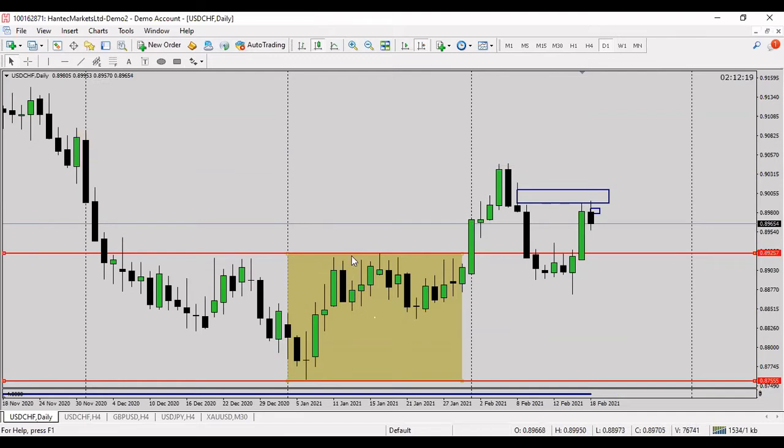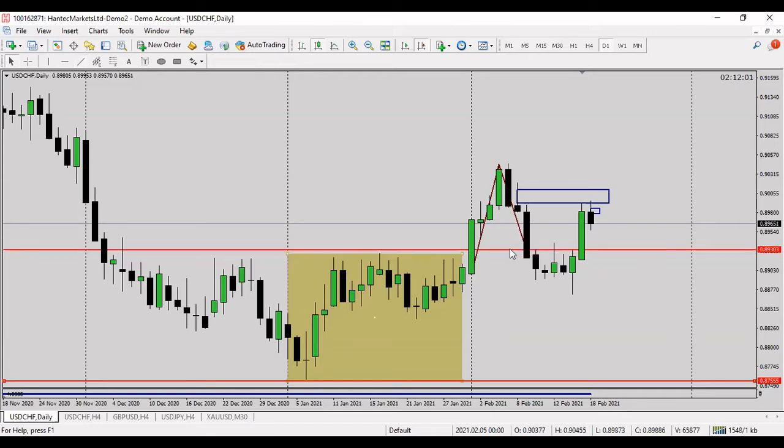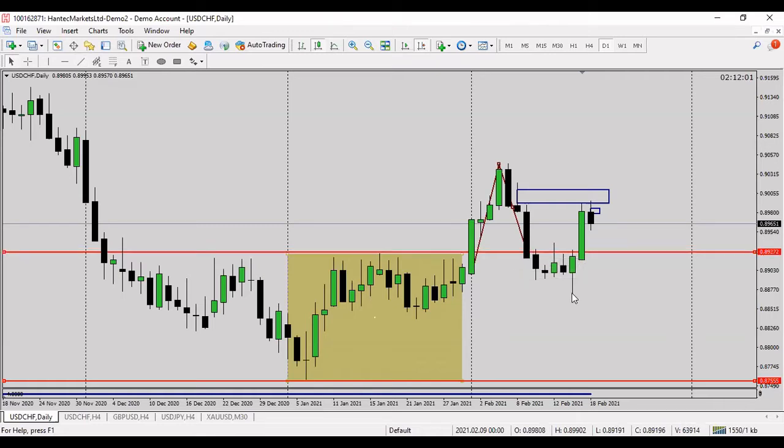Okay, so if you look at what happened over here, after the market traded above that high, this way, it came back to do a retest of it. That is, it traded right back to touch that line. But it was not a perfect retest because the market moved down further before it started to go up like this. It moved all the way down to this level before it went back up.